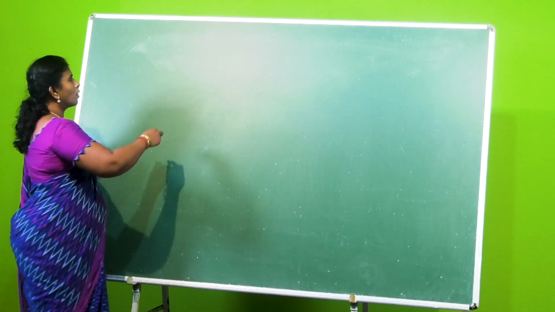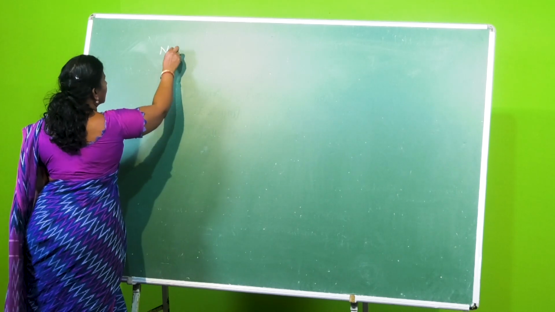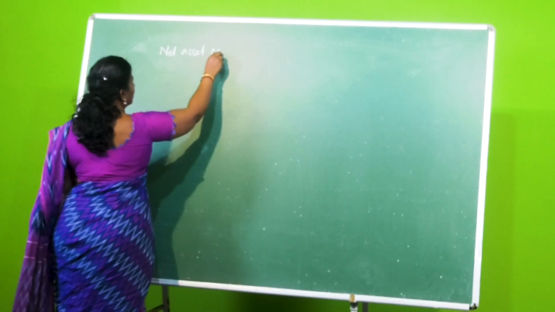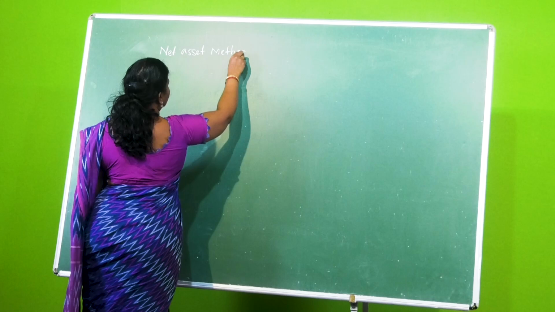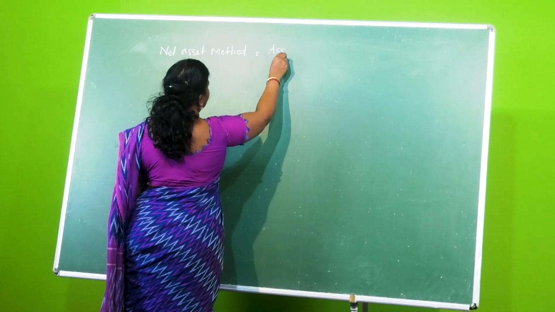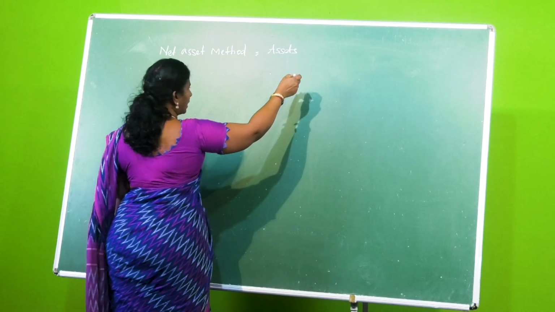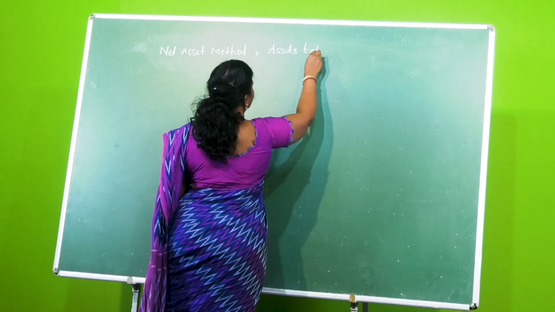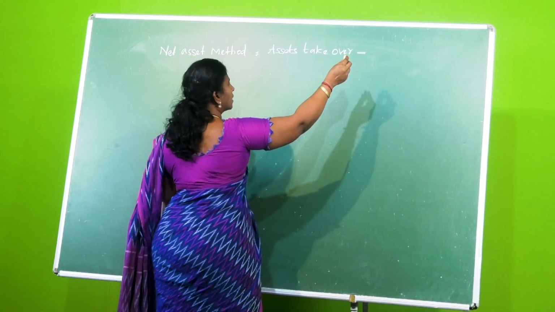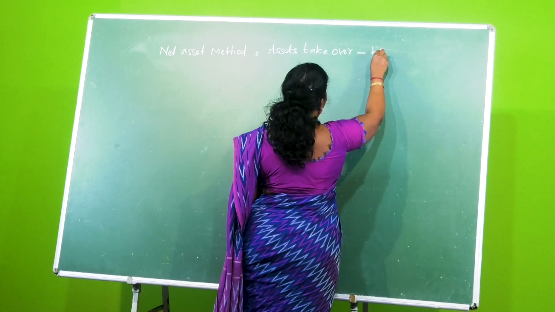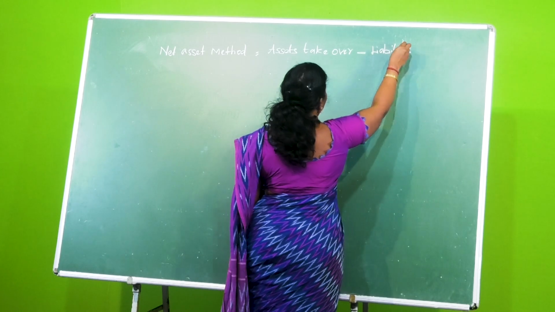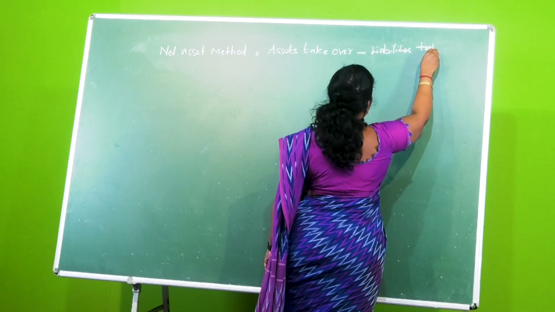So what is the formula for net asset method? Net asset method equals agreed value of assets taken over minus agreed value of liabilities taken over.